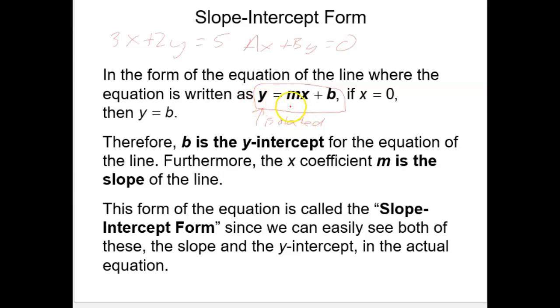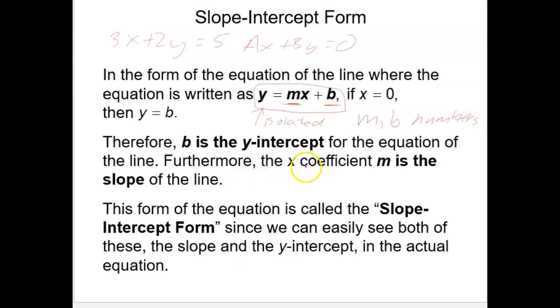Once we have the line in this form, it'll be y equals some number times x, and that number in front of the x will be the slope, plus some other number. M and B are numbers. B is the y-intercept, and we talked about intercepts in earlier lessons, and M is the slope.